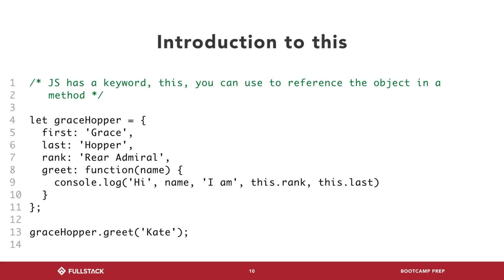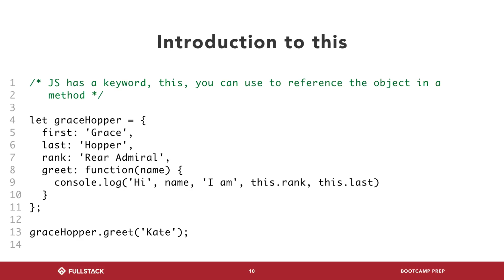And so now we'll start talking about the concept of this. This is usually very hard to explain verbally because obviously it gets confused with all other words. But what this is, is a reference to the object that, in the context of object methods, the method is tied to.